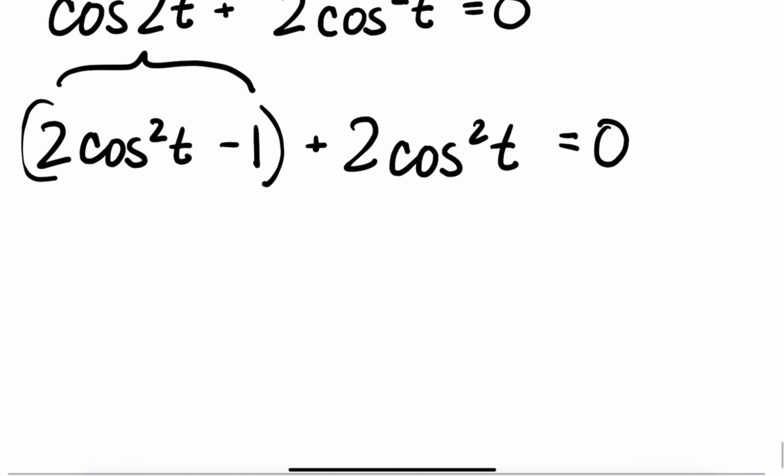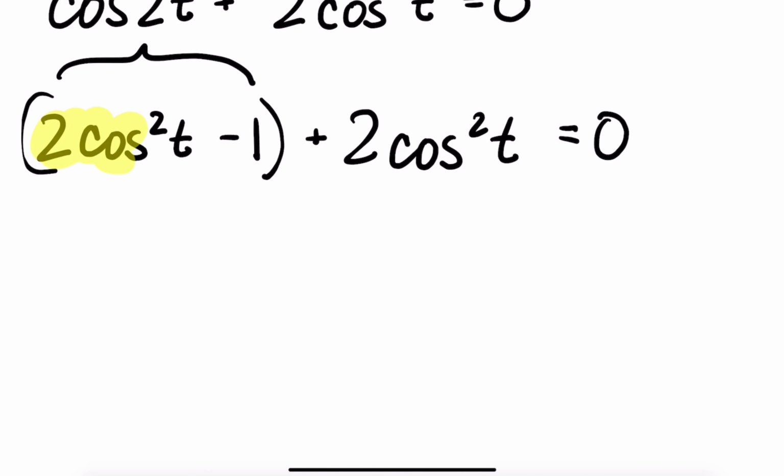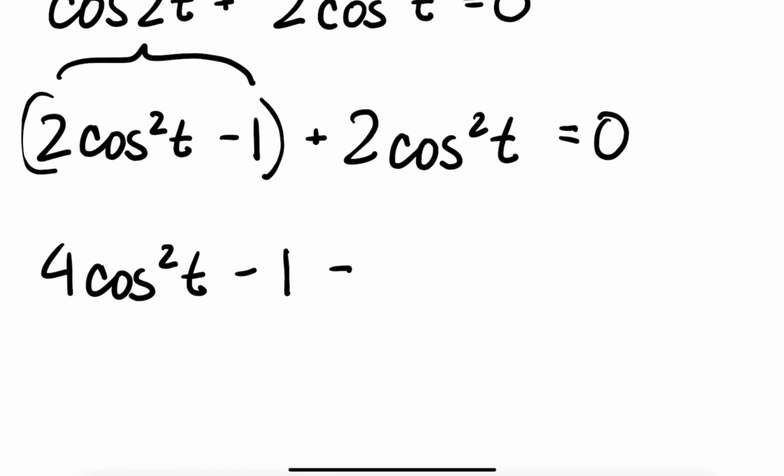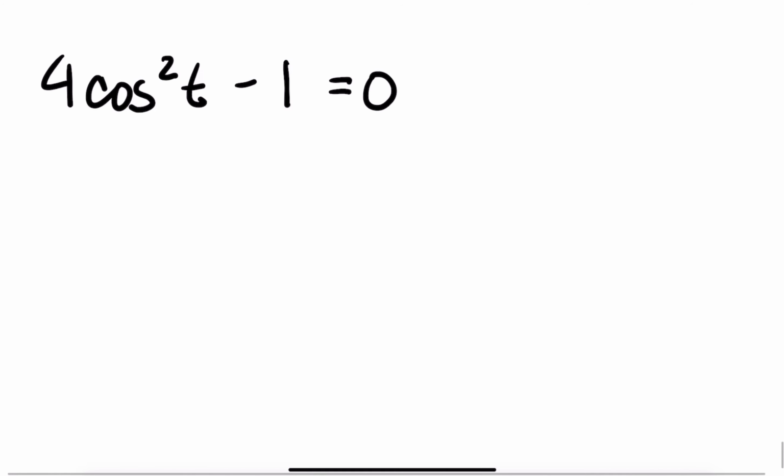Now, I'm going to combine like terms. I'm going to combine this 2 cosine squared of t with the other one. And that's going to give us 4 cosine squared of t minus 1 is equal to 0. Now we want to isolate the trig term. So I'm going to add 1 on both sides, so we get the trig function by itself.